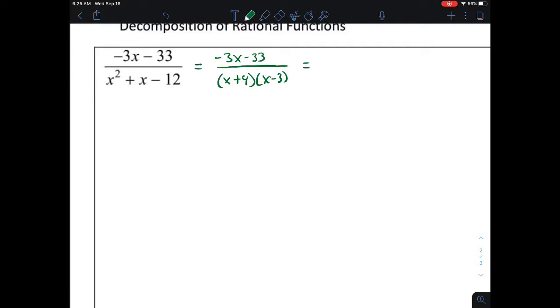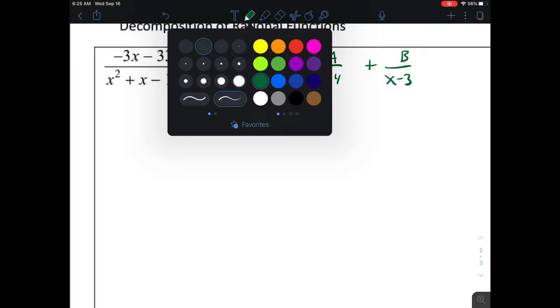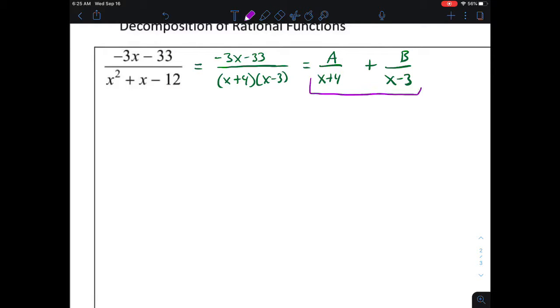So basically what we're trying to do is see what the two fractions were that created that problem. So we'd have one fraction, that would be a over x plus 4, plus a second fraction, call it b over x minus 3. And I want to figure out what a and b are. Well, to figure out what a and b are, you're going to take this line here, and go through the process of getting the common denominators.